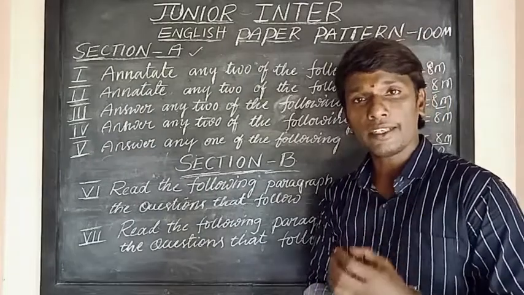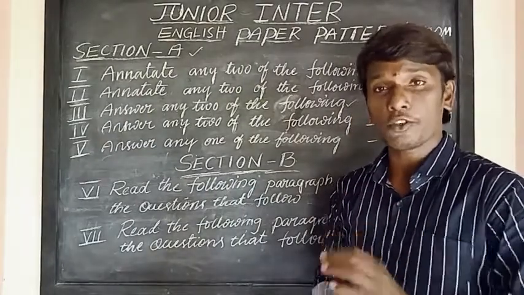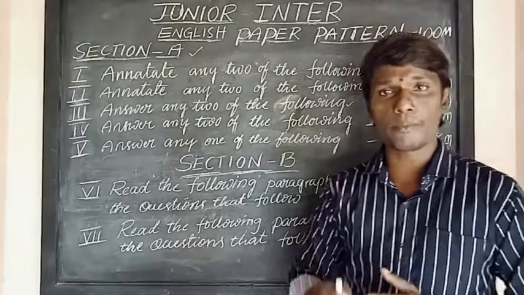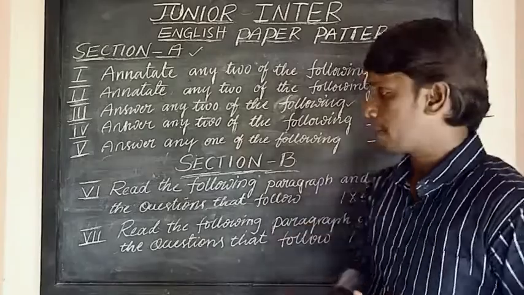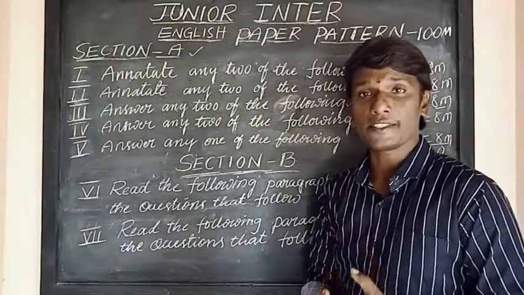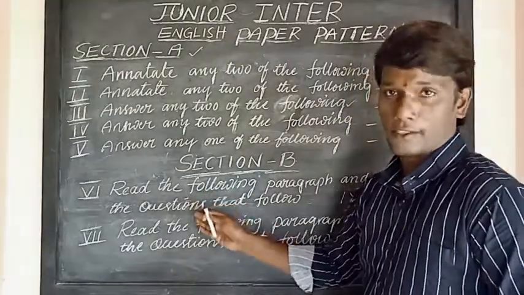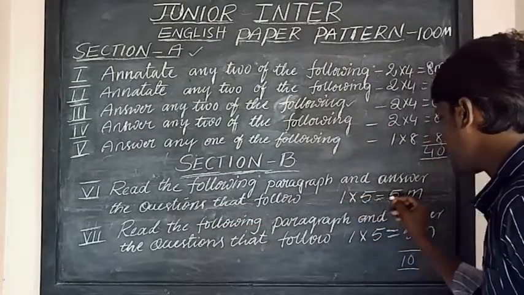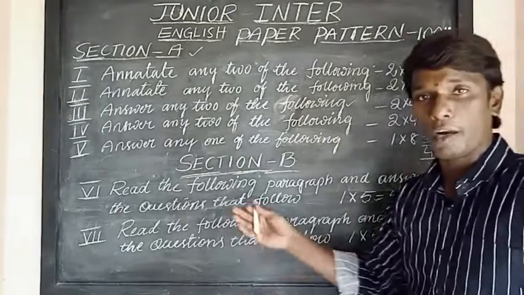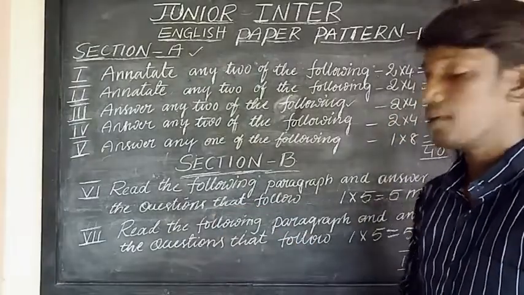Under every paragraph you will be asked 5 questions. When you understand the paragraph thoroughly, you may have a chance to write answers for the following questions. Each comprehension passage is for 5 marks, so 2 comprehension passages will be given for 10 marks.